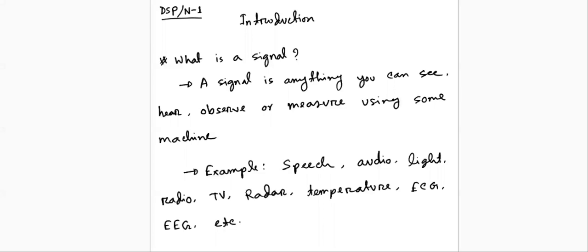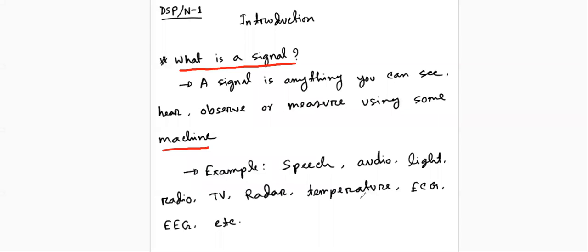Okay, so first of all, what is a signal? This is just a definition. A signal is anything we can see, hear, observe, or measure using some machine or by any means. So that is called a signal. The examples could be very simple to observe, like speech, audio, light, radio, TV signal, radar signal, temperature.